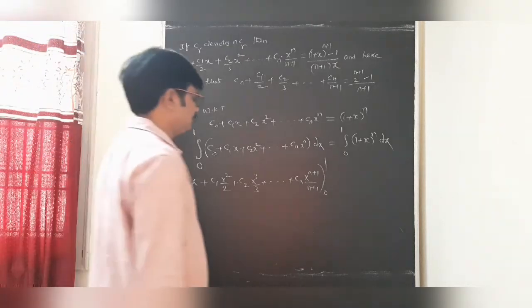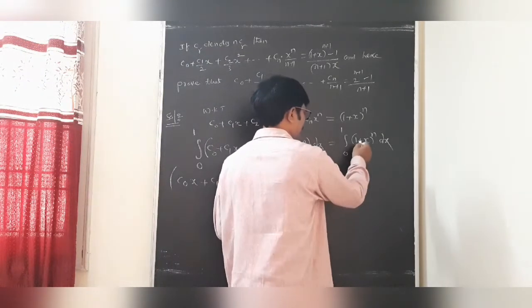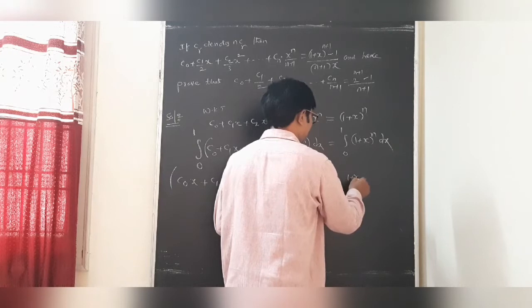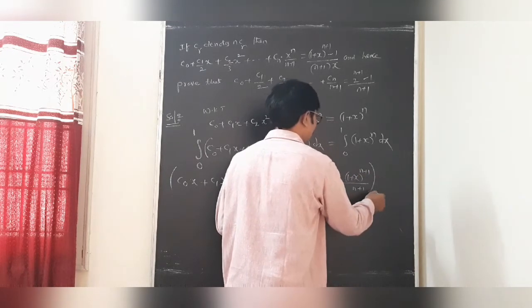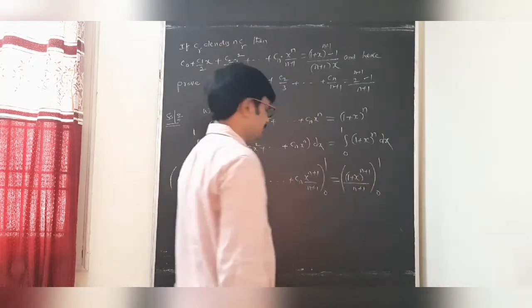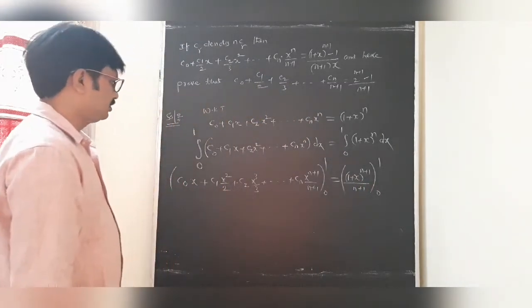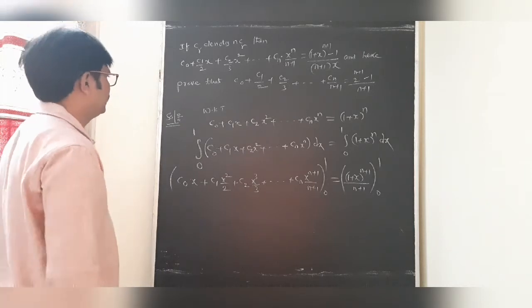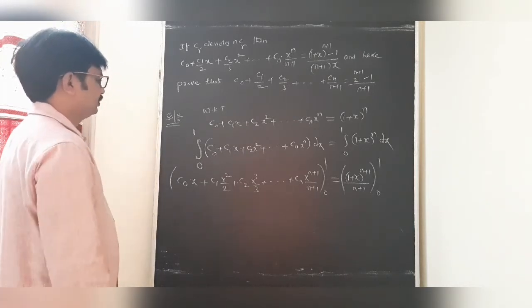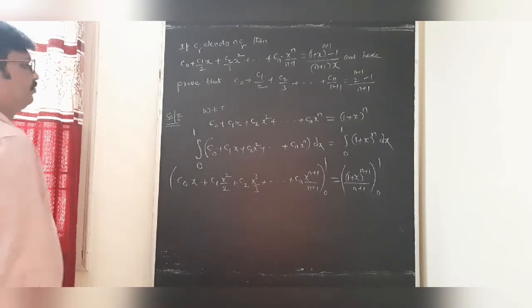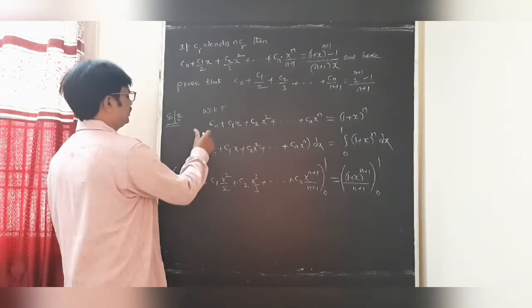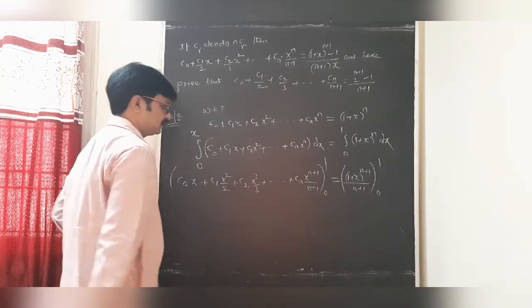Okay students, now the integral of (1 + x)^n is (1 + x)^(n+1) upon n + 1. The limits are 0 to 1. So students, right now we are substituting the limits. When we are substituting, first of all we are taking the limits 0 to x, in terms of x.